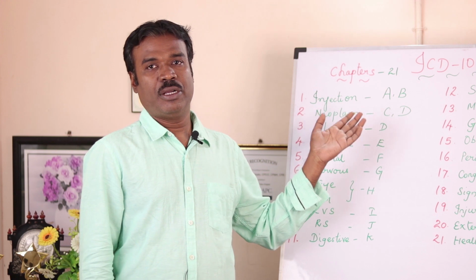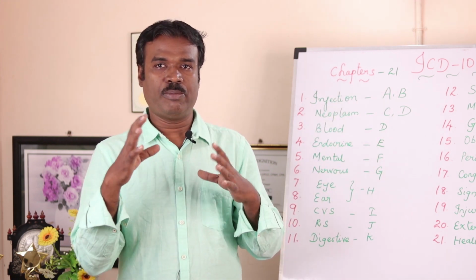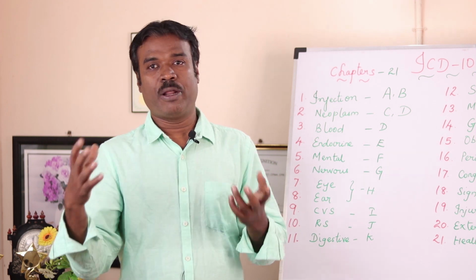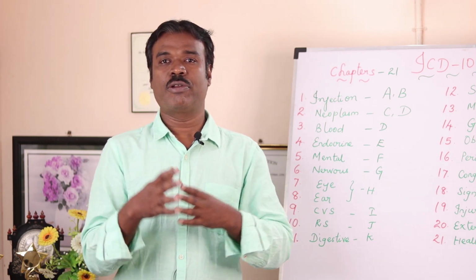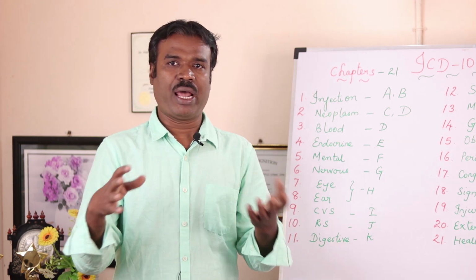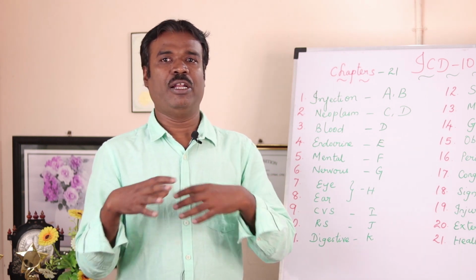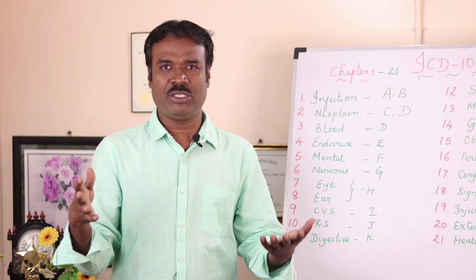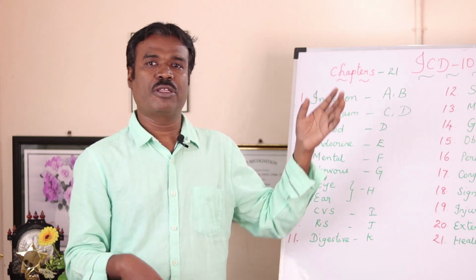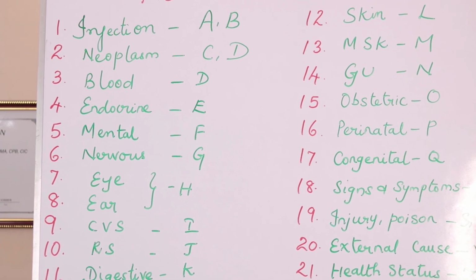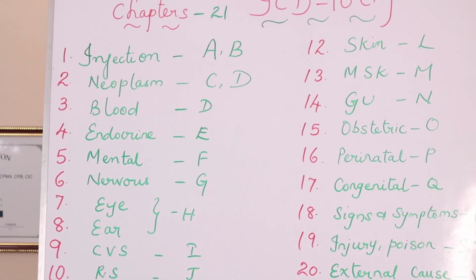The first chapter is infection. How you need to remember is A and B infection. An A code or a B code will have the codes for bacterial infection, viral infection, parasitic diseases. Any diseases, be it fungal, parasitic, viral or bacterial, will start with the letters A and B. Next, neoplasms.